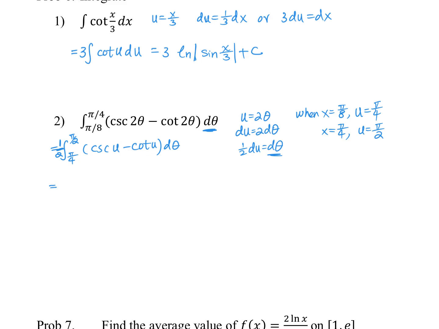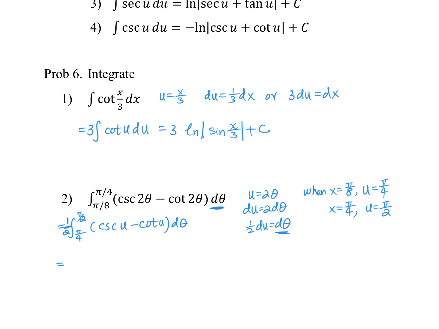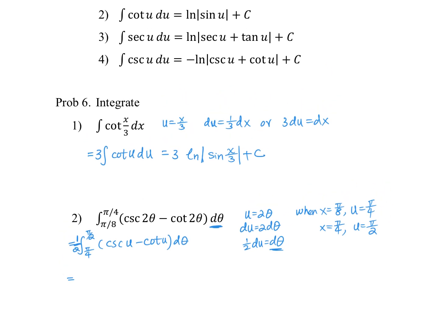Antiderivative of cosecant u, if you still don't remember, is this, which is equal to negative ln absolute value of cosecant u plus cotangent u.